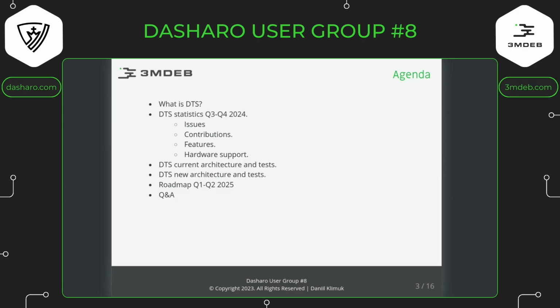Then we will dive a bit deeper into DTS-related topics, that is its architecture, latest problems, and then testing. Then I will present the new DTS architecture and the features it provides, and DTS tests which will be developed alongside this architecture. The roadmap for quarters 1 and 2 of 2025 will finish this presentation.